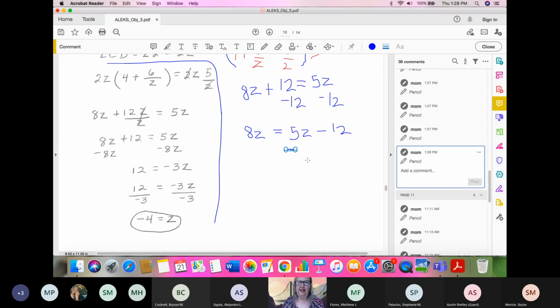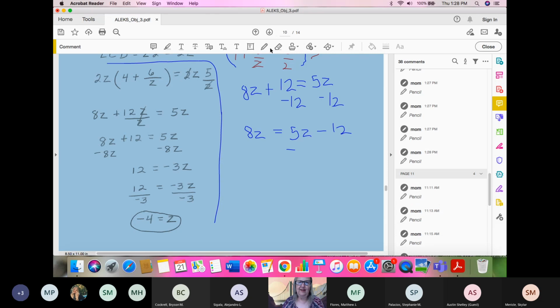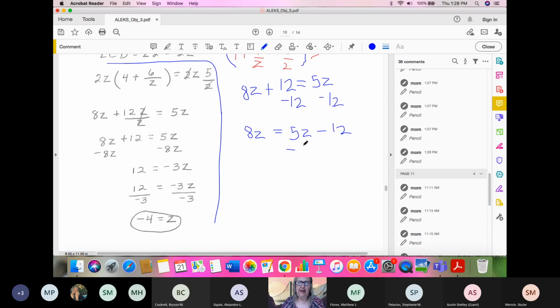Unless you really like to work with negative signs, which I'm not too much a fan of either, but sometimes we have to. Minus 5z from both sides. So over here, 8 minus 5 is 3z, equals, these guys go, 5 minus 5 is 0 times z is still 0.